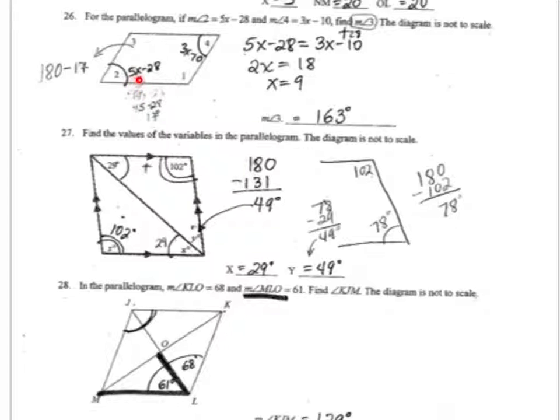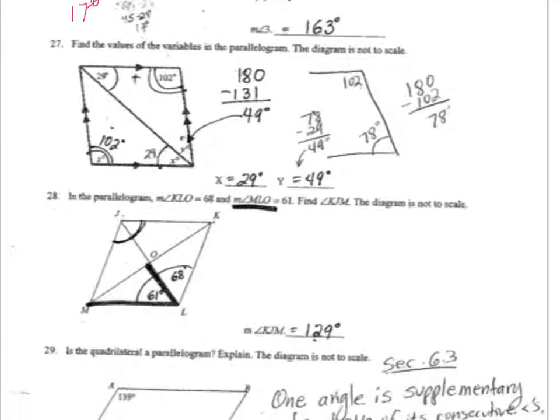So it's 5 times 9 is 45, minus 28 is 17. So angle 2 is 17 degrees. So angle 3 would be the supplement of that angle. 180 minus 17, and that would be 163.